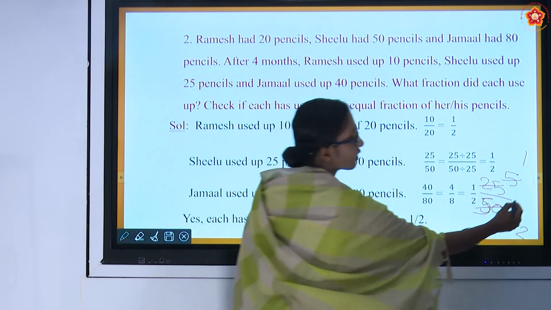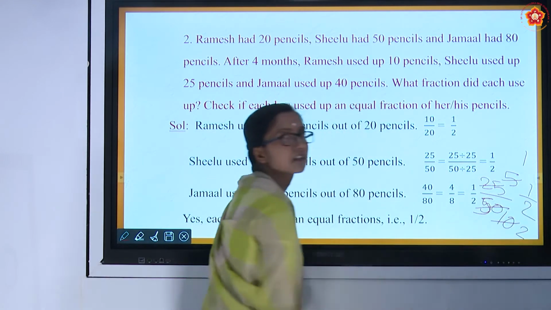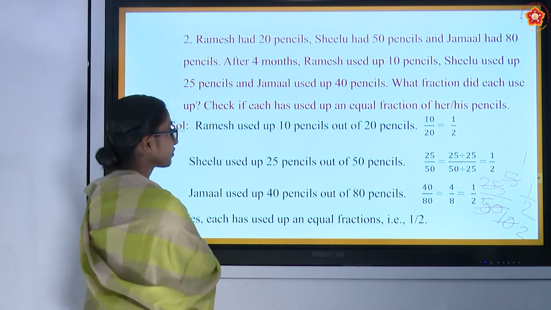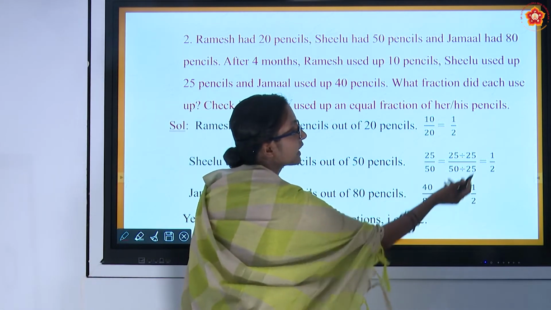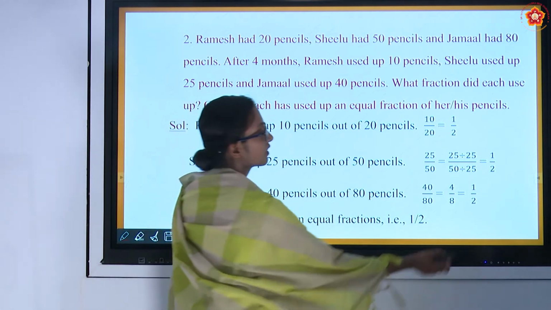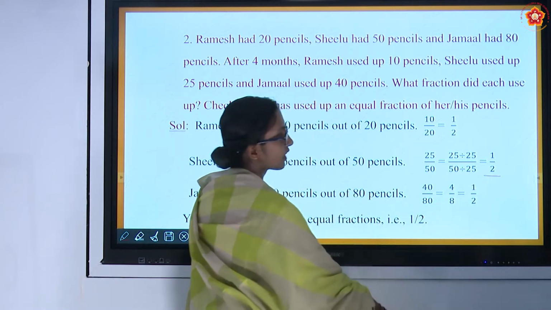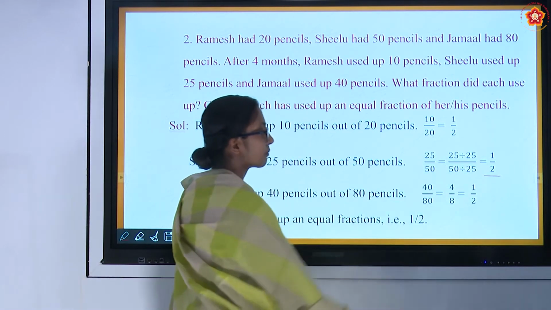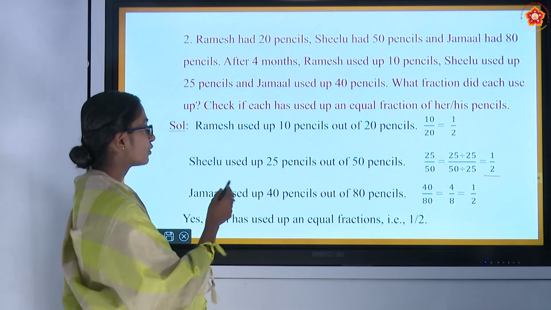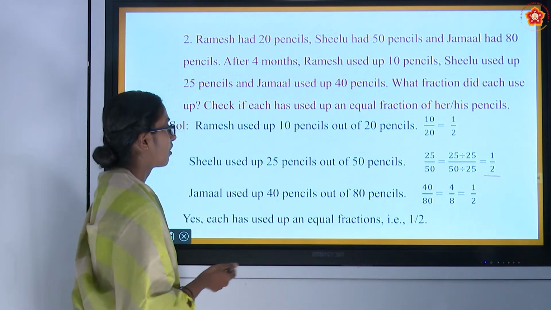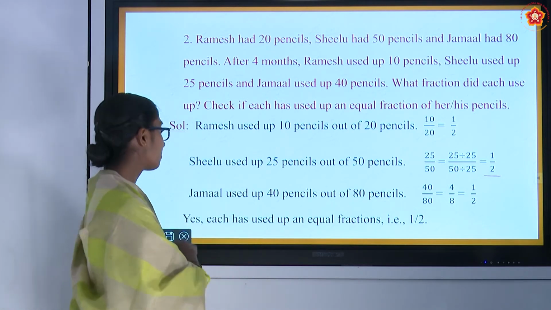Even here you got the answer 1 by 2. Fine. If you don't know the 25 table, you can divide from the 5 table also. So the least fraction we got, the simplest form, is 1 by 2. So Sheelu used up 1 by 2 of the total pencils she had in the beginning.